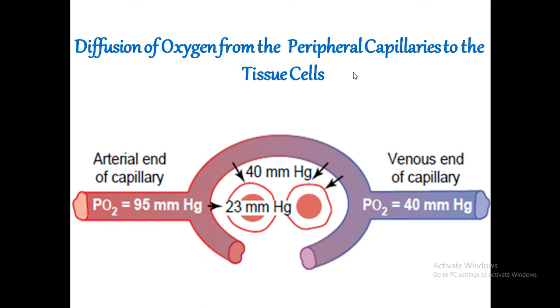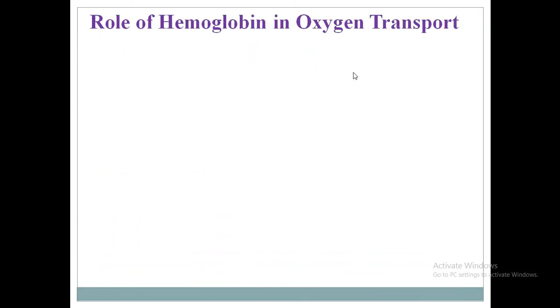One thing, and the other thing is how much hemoglobin is going to combine with or carry the oxygen, how much amount, what is the relationship between oxygen and hemoglobin, and what factors are going to affect this relationship. So the answer starts here, with the role of hemoglobin in oxygen transport.